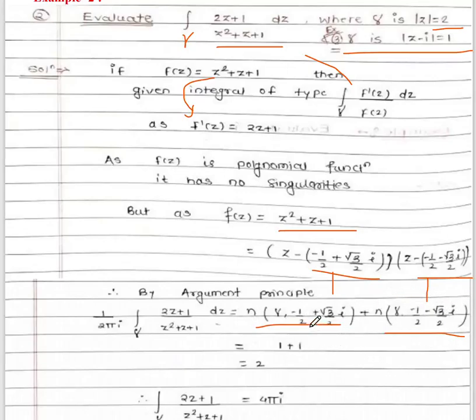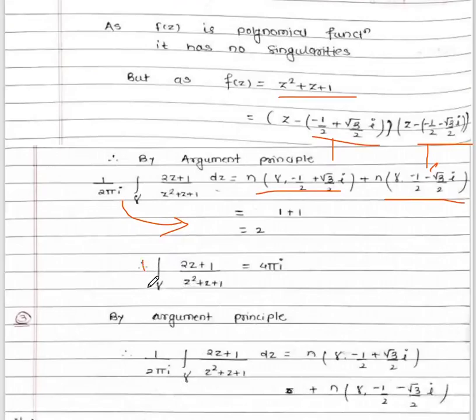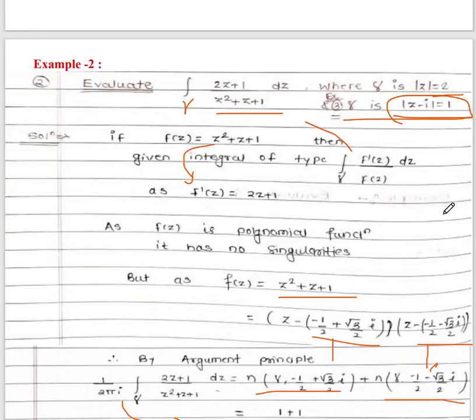Therefore the index about this point is 1 and the index about this point is also 1, so 1 plus 1 is 2. Transferring this 2 pi i to the right hand side, we get the value of this integral as 4 pi i.